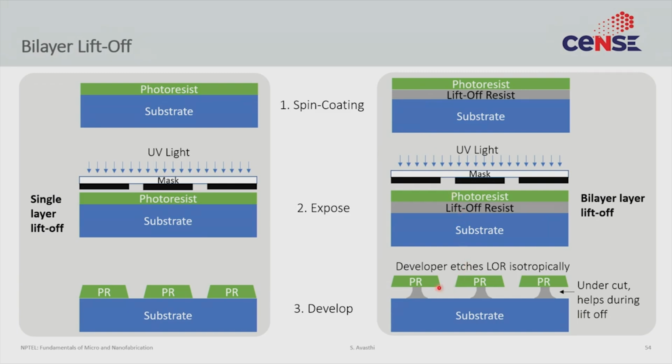During development, the photoresist develops normally. But the lift-off resist is designed to isotropically etch. So when it isotropically etches, it undercuts. So what you get is an undercut in the lift-off resist layer. So instead of getting a profile of photoresist that looks like this, you get a profile that looks like a T, right?